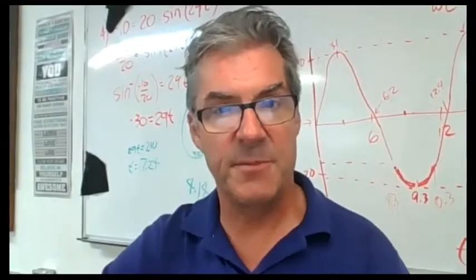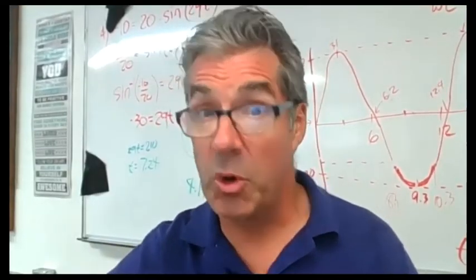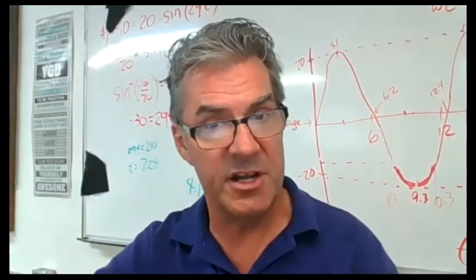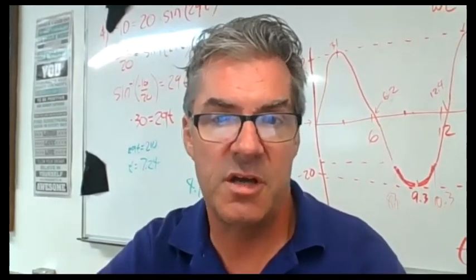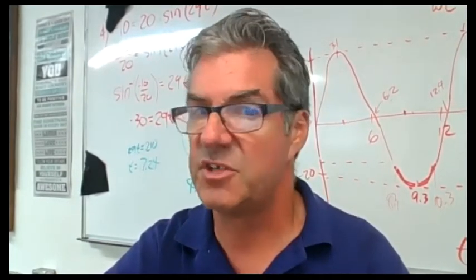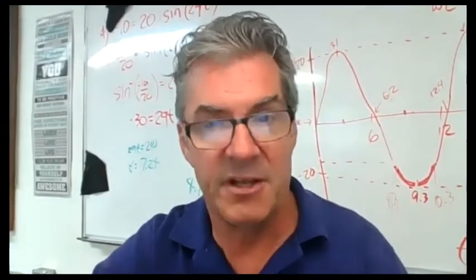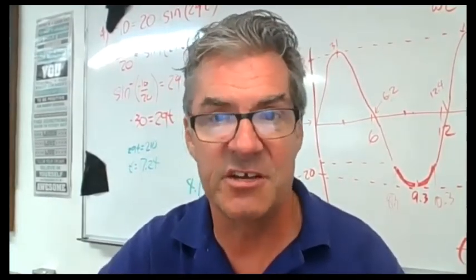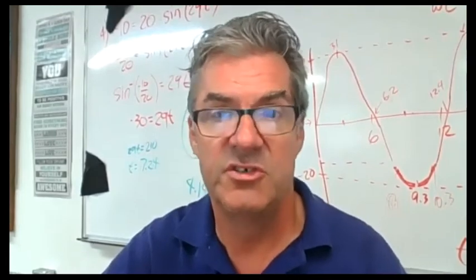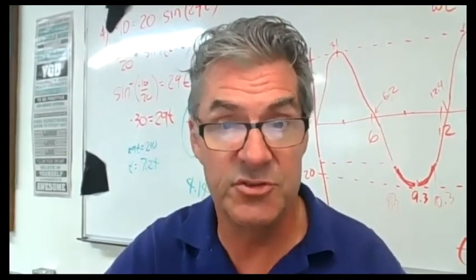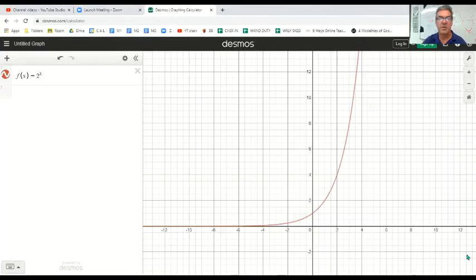Okay, so let's take a minute and pop into Desmos. We're going to quickly explore a bunch of variations of this basic exponential function. And this is a great tool that helps us look at things fast without having to do all these hand graphs. So I love Desmos. Just make sure that you know how to use your hand graphs. Okay, here we are. I've already keyed in the basic doubling function.